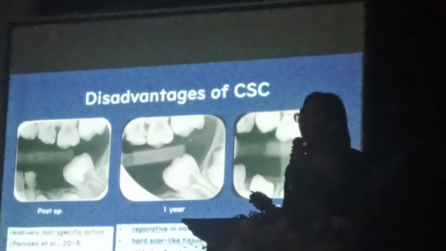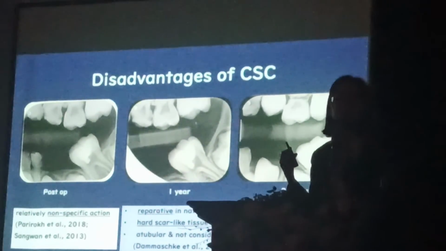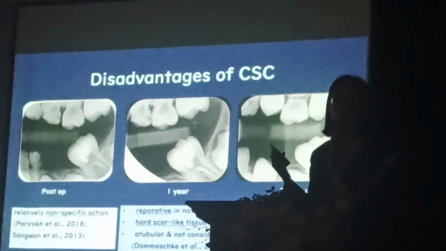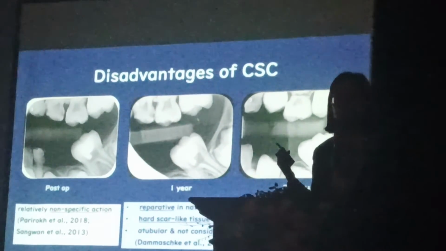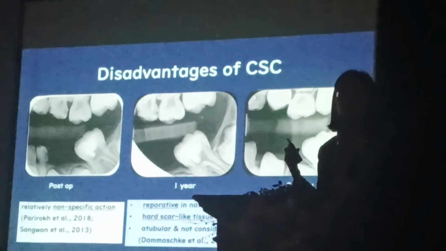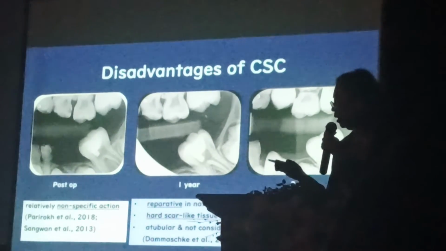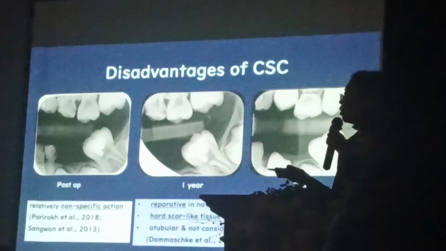Okay, and also something that people are concerned a lot about is the pulp calcification, because we talk about this is the repair process, right? It's scar tissue, it is not dentin. It doesn't have a tubular structure. And more importantly, it's not specific enough. We cannot control how it's going to go.